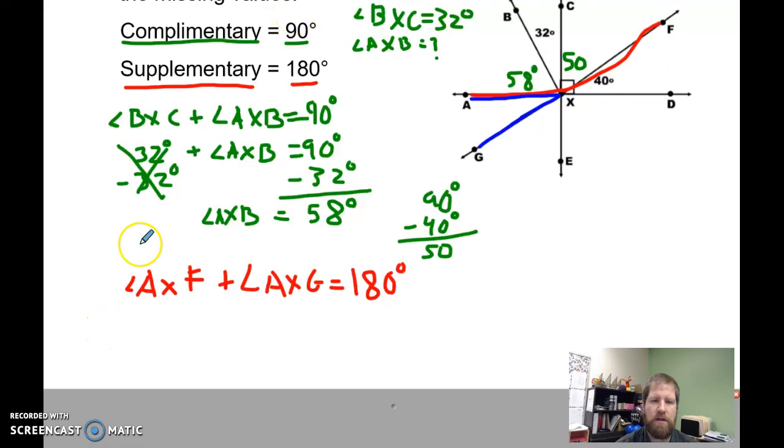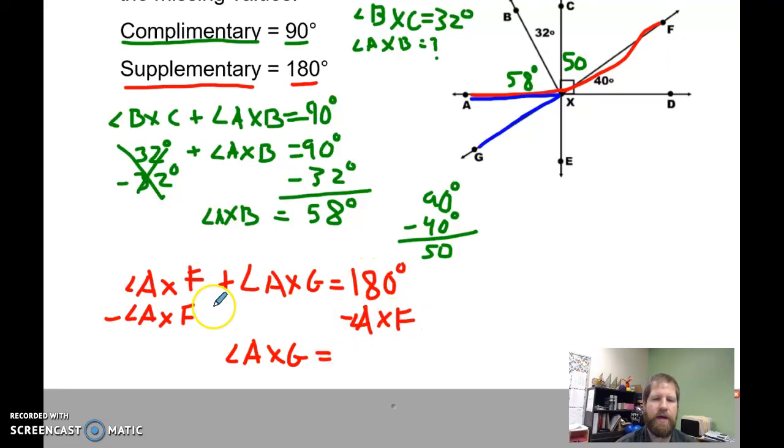I can just subtract angle AXF, and I'm left with angle AXG equal to 180 minus angle AXF. And that's what I mean when I'm talking about the properties of complementary and supplementary angles.